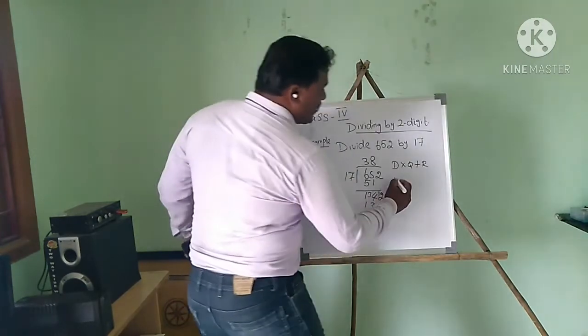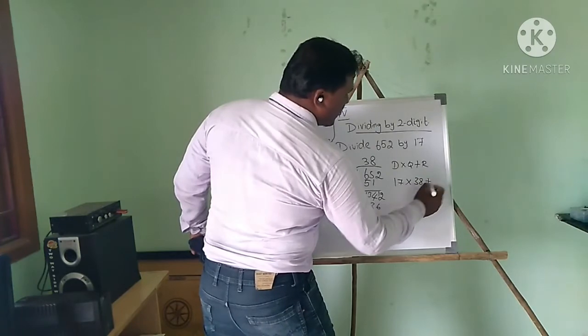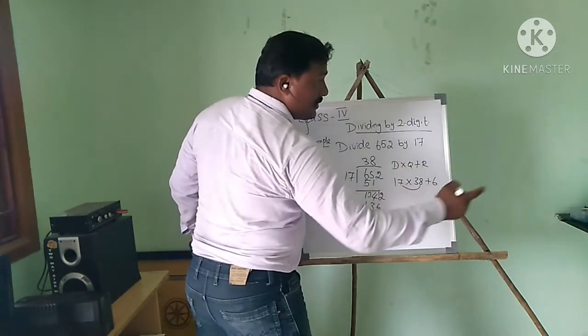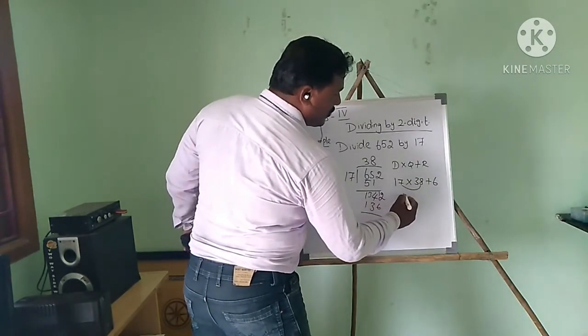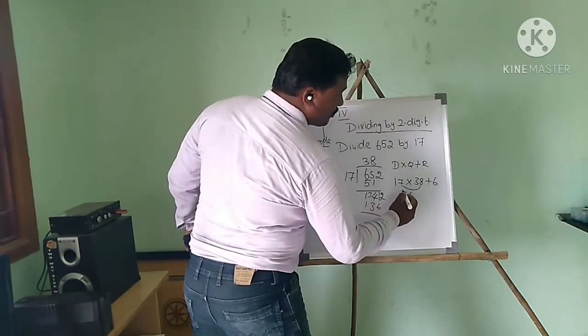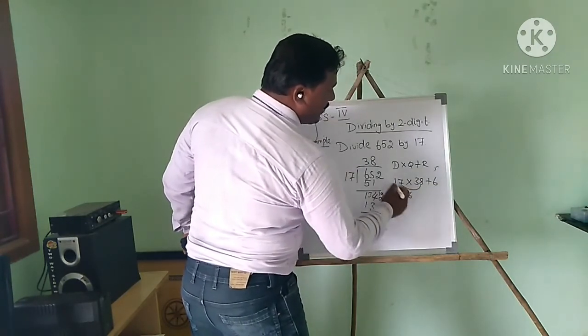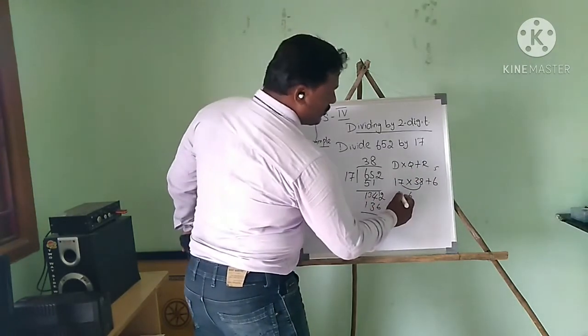So divisor 17 multiplied by quotient 38 plus remainder 6. First I will multiply these numbers. 8 sevens are 56, 6, remainder 5. 1 8 is 8, 8 plus 5, 13.